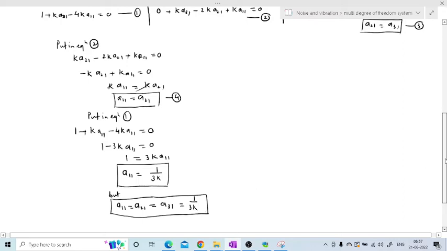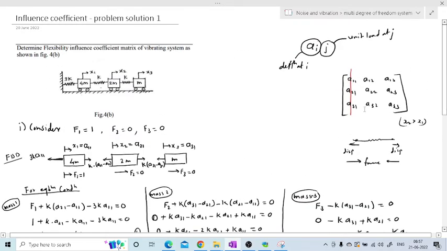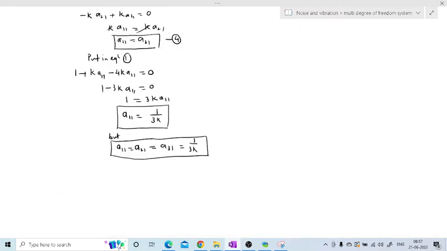So from this matrix we got these 3 terms from the first column. To determine this, I considered F1 equal to 1. Now in the second case, F1 will be 0 and F2 will be 1. So I am going to repeat.